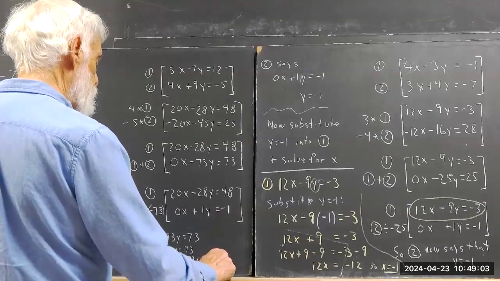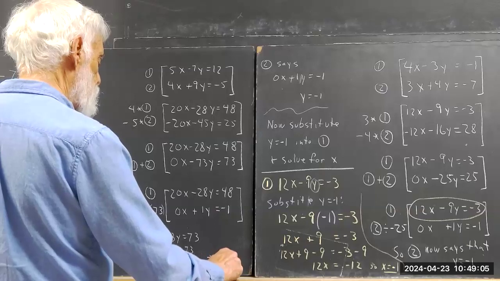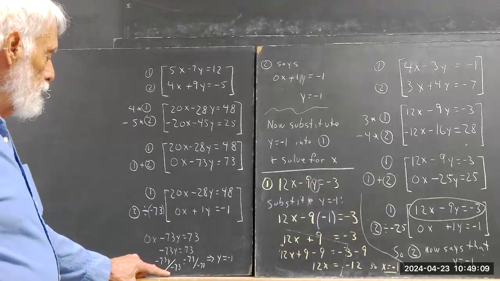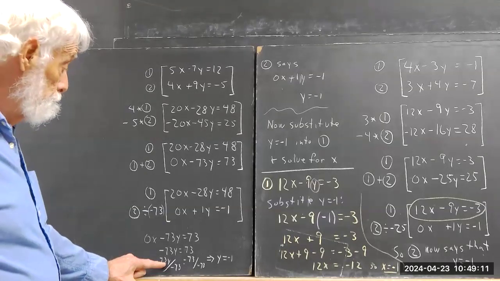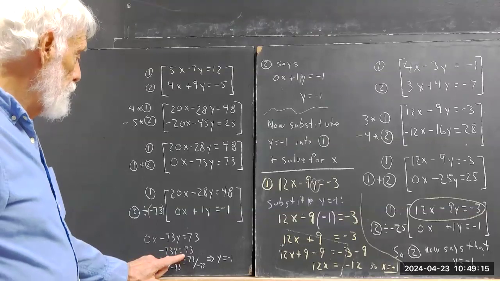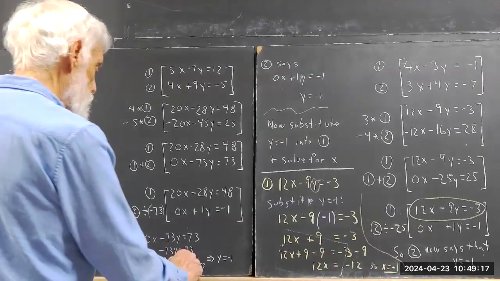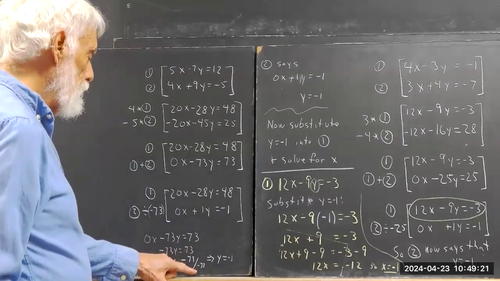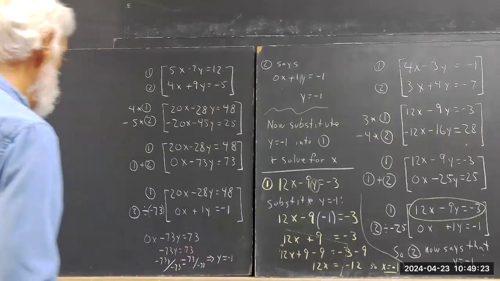And that implies that y equals negative 1, because negative 73y over negative 73 is just y. And 73 divided by negative 73 is negative 1.